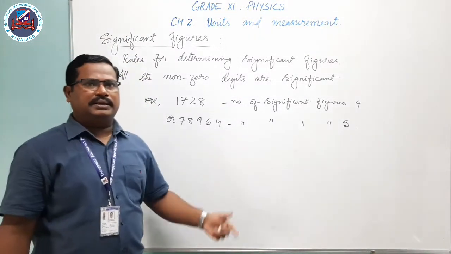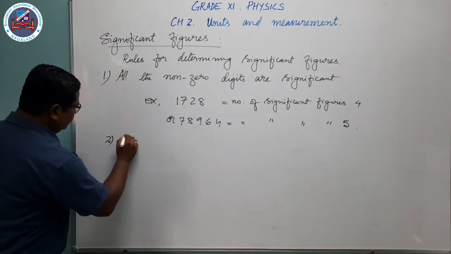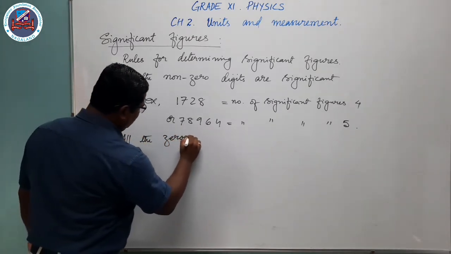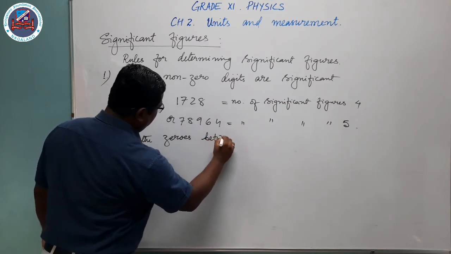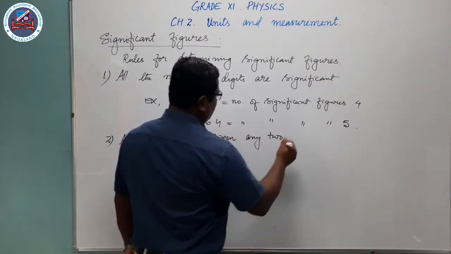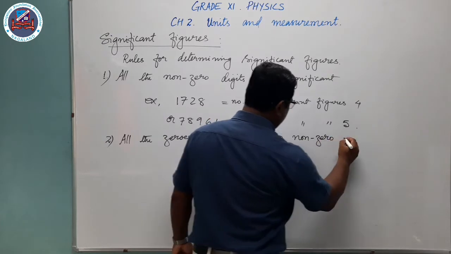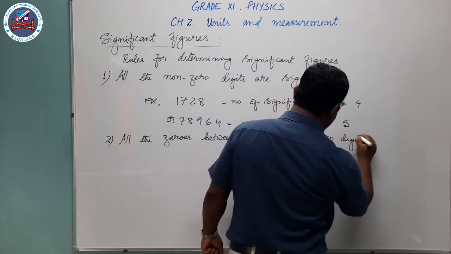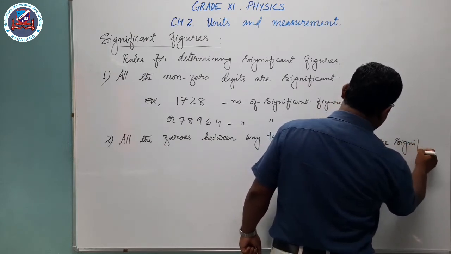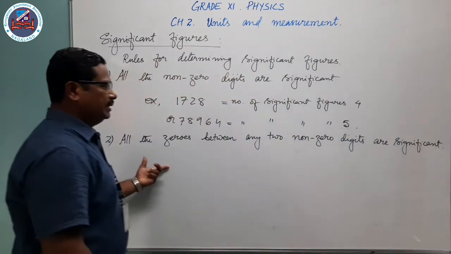No matter whether there is a decimal or not in between, rule number 2: all the zeros between any two non-zero digits are significant, no matter whether a decimal is there or not.